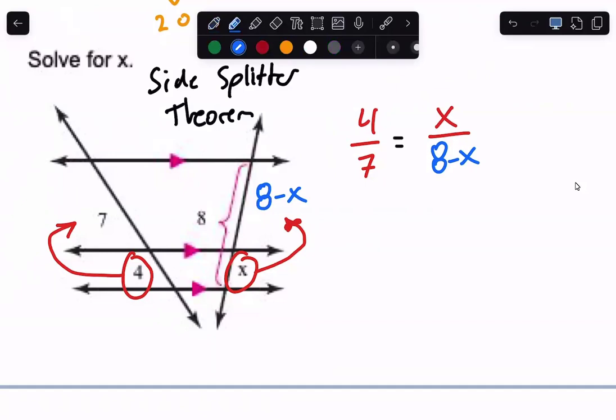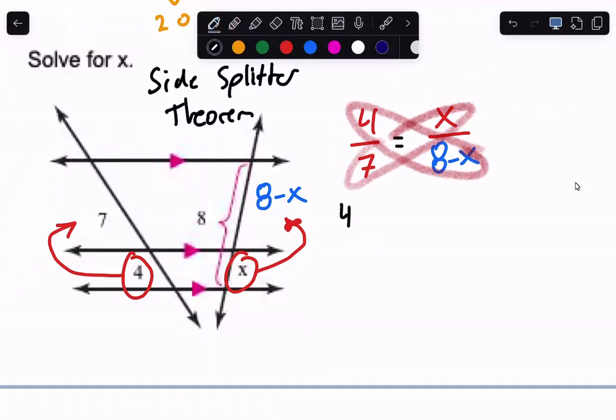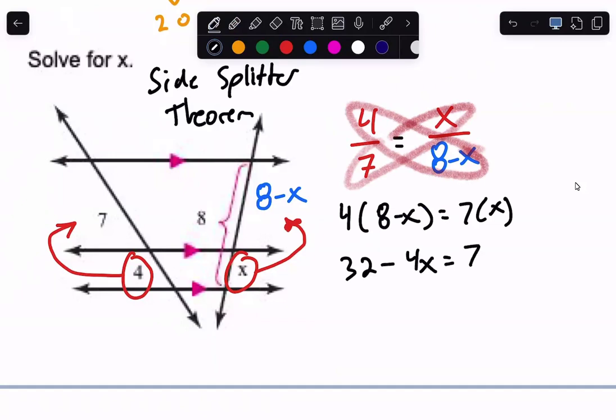And then you just cross multiply. 4 times 8 minus x equals 7 times x. 4 times 8 is 32. 4 times x is negative 4x, and then that's just 7x.